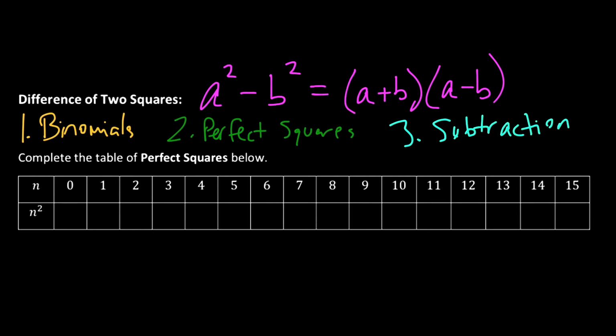We need subtraction, specifically right here between this a squared and b squared. If I have something that says a squared plus b squared, we are not going to be able to factor it using this method, because that subtraction is what essentially is allowing us to have opposite signs in our factors, and those opposite signs are what end up canceling the middle term.